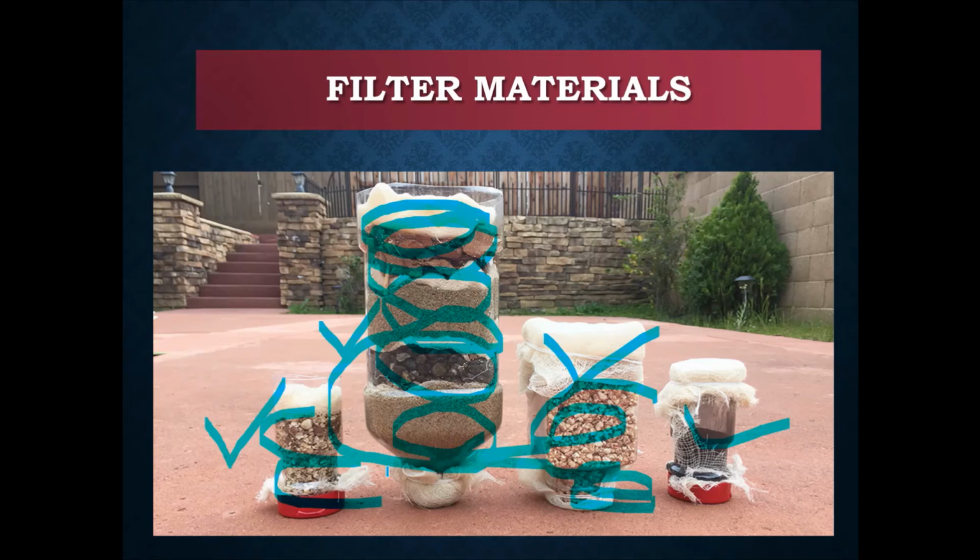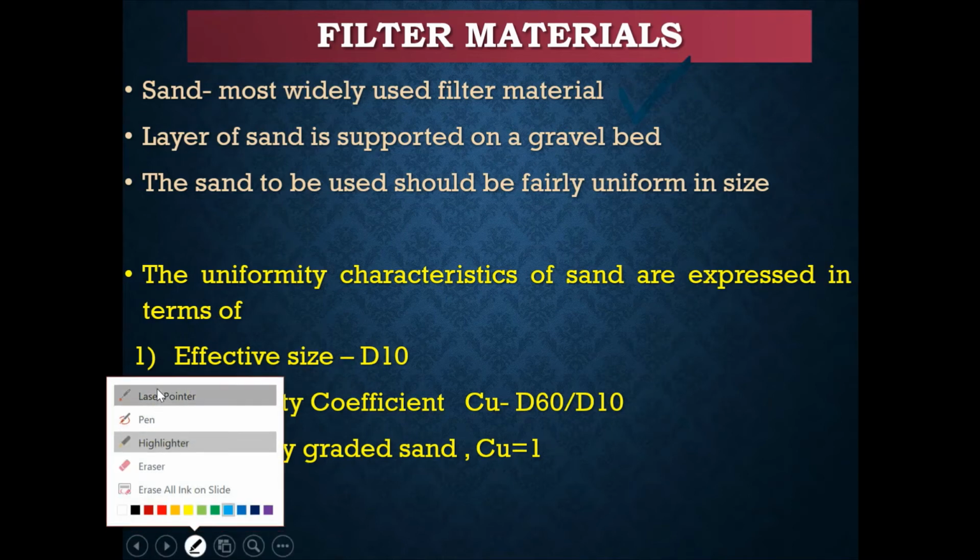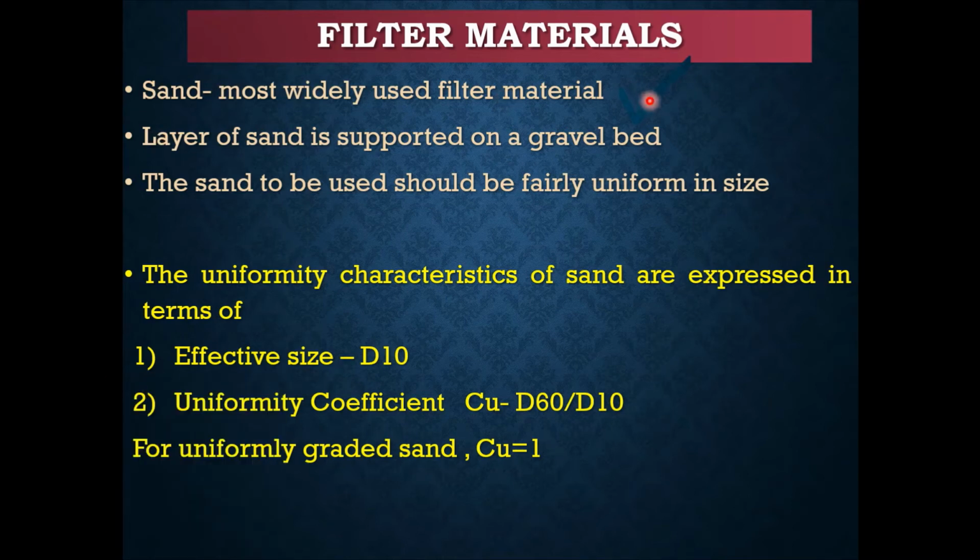This is just one understandable diagram which I have picked up from the net to understand the filter materials. Now we will discuss the filter materials. The first point I have written here is that sand is the most widely used filter material.